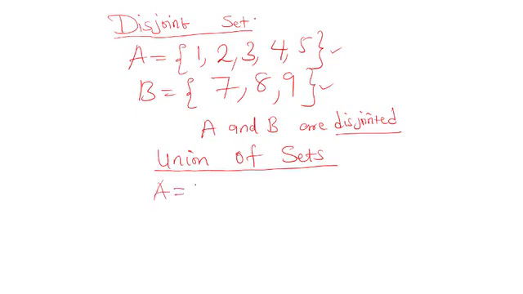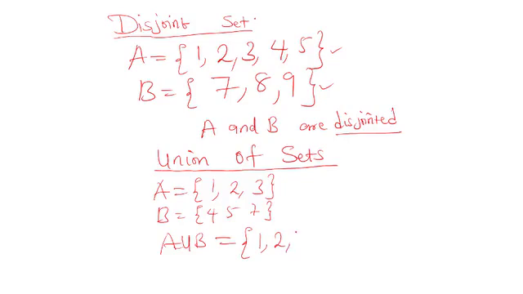If A is equal to 1, 2, and 3, and our B is equal to 4, 5, and 6, then the union from the word U is written like this: A union B will be equal to, you write out everything in A, 1, 2, 3, then you add those in B, 4, 5, and 6. So A union B is equal to 1, 2, 3, 4, 5, 6.